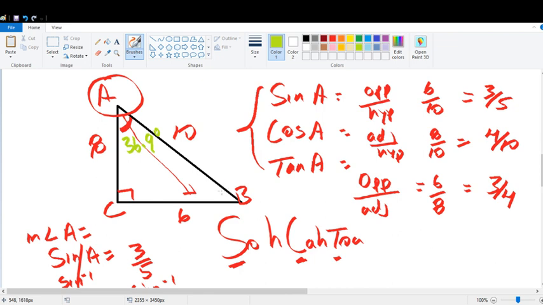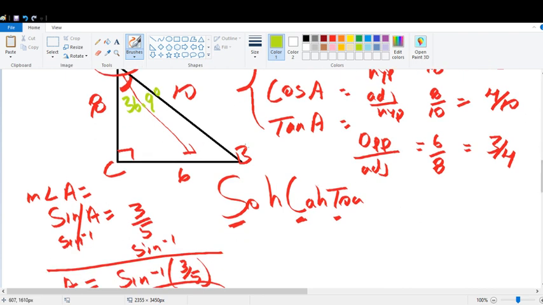Now, to find the measurement of angle B, what we have to do is add 36.9 plus 90, and then subtract that from 180. Or you can also do another trig ratio, such as, you can start with that.